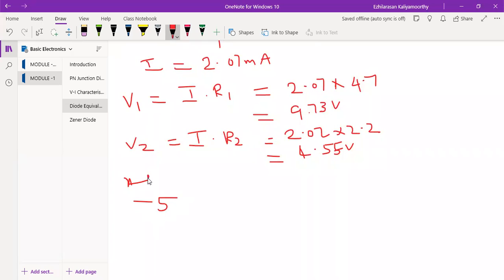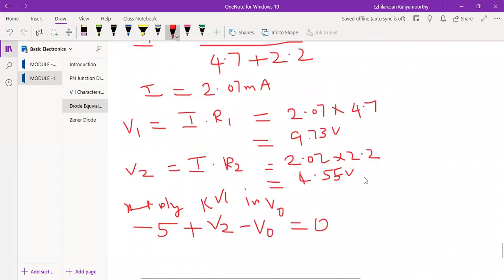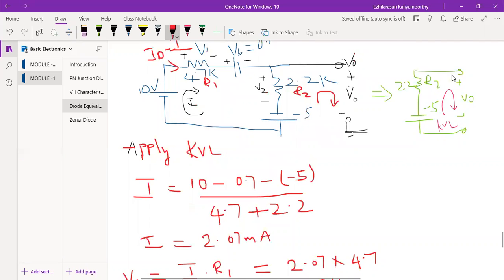So apply KVL in V naught. Minus 5, next apply the loop. Minus 5 plus V2 minus V naught is equal to 0. You see this?